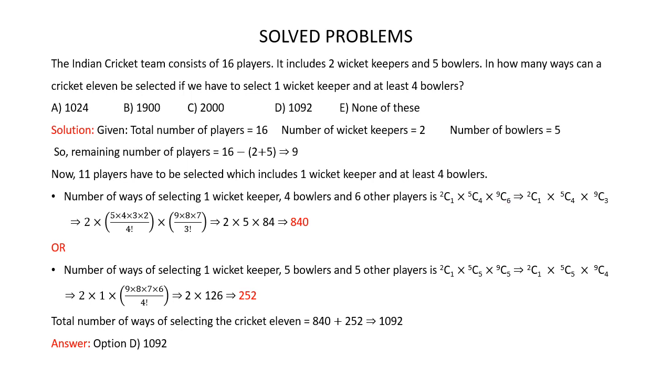Now 9C6 can be written as 9C(9 minus 6), which is 9C3.